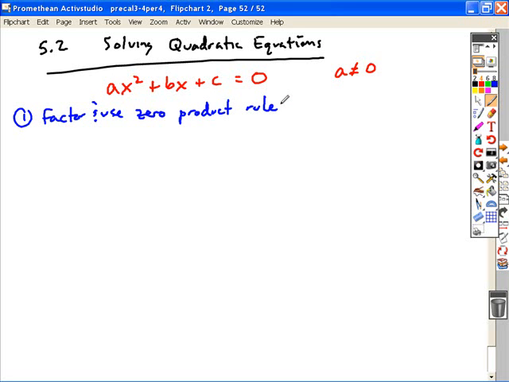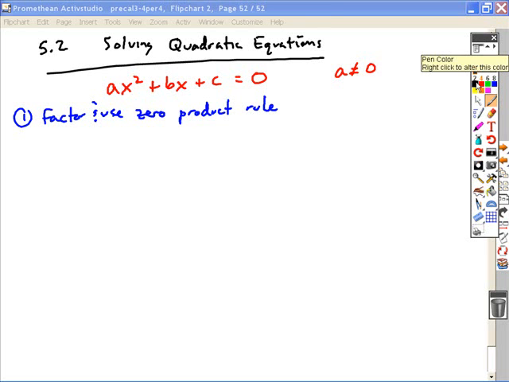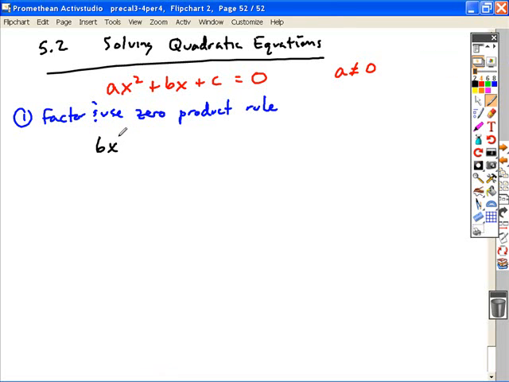And this is a type of solution method that you look to use, especially if you have rational zeros on here. And so if you have a quadratic equation, what you can try to do is look to see, can you factor this equation, set your factors equal to 0.